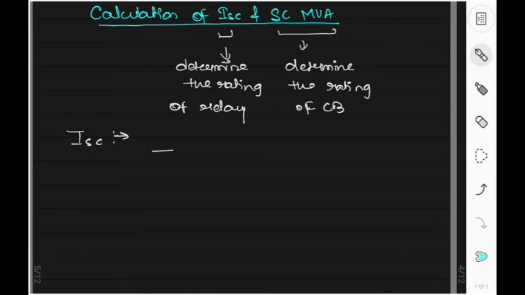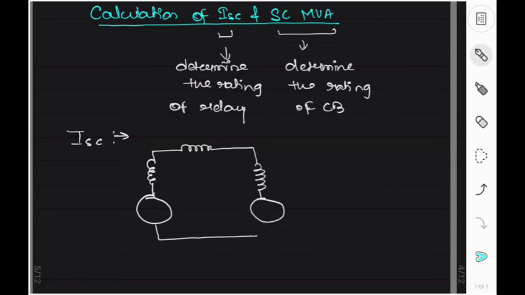So suppose a fault occurs at the second bus. Suppose this is bus 1, this is bus 2, and the fault occurs at the second bus.